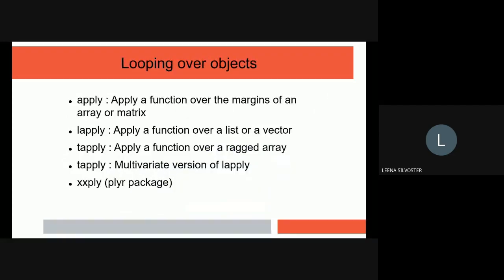Looping over objects. Apply a function over the margins of an array or matrix. Next one is lapply. Apply a function over a list or a vector. Apply a function over a ranked array.